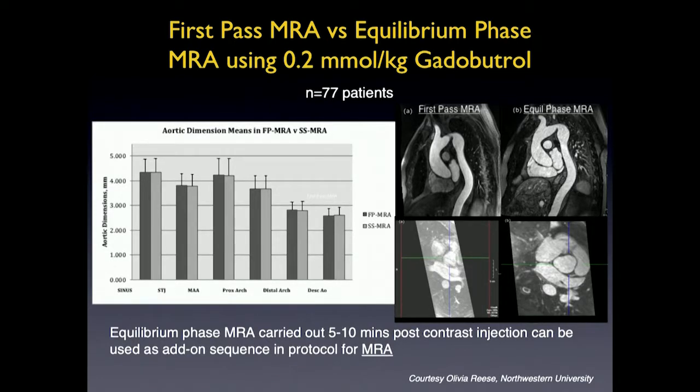And using an IR SSFP technique, you get comparable image quality, if not better image quality, to a first pass MRA, as shown on the left. But more notably, the measurements of dimensions with both techniques for aneurysms are nearly identical. So this is very useful. We use this routinely in our protocols when we have to measure or evaluate the thoracic aorta.